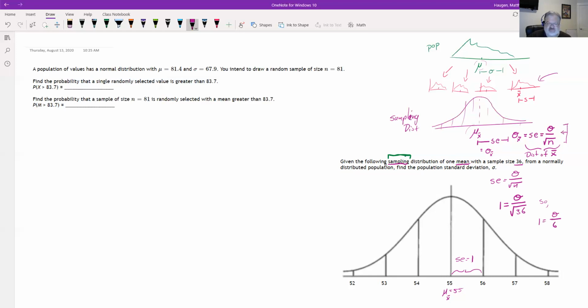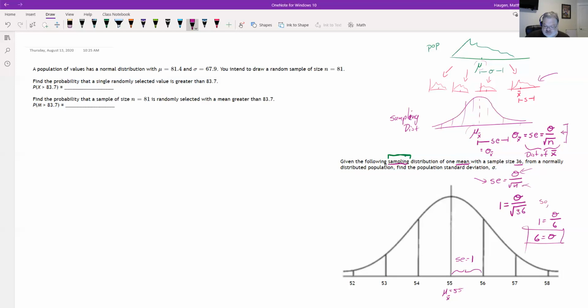It was nice of them to give us an easy square root number. But even if it was some weird decimal, it's okay, we could handle that. Multiply both sides by the 6. 6 has to equal our standard deviation. So we can go from any standard deviation of a population to the standard error of the sampling distribution. We can go back and forth between those as long as we know our sample size.